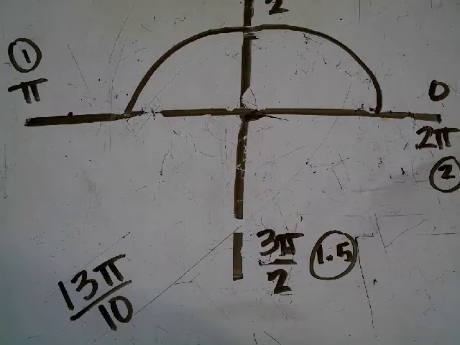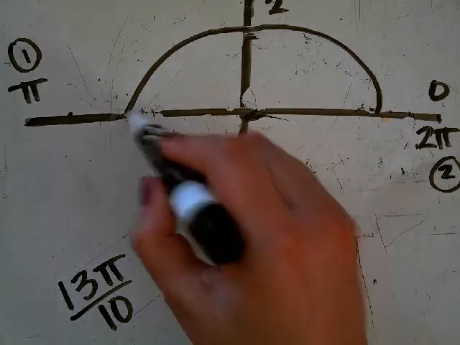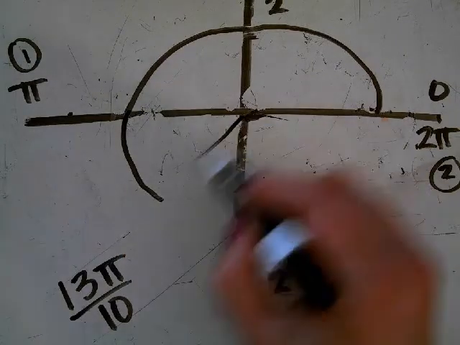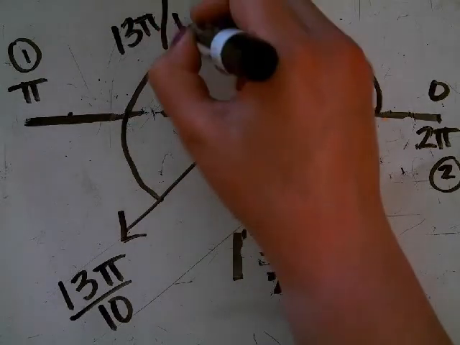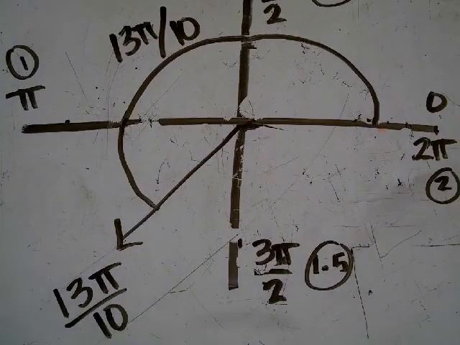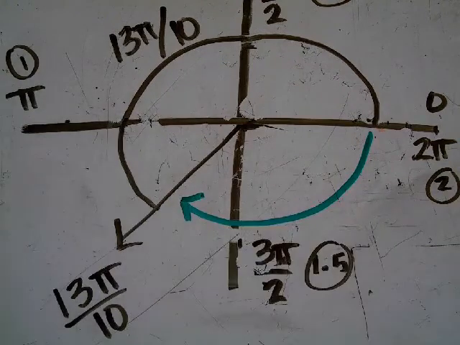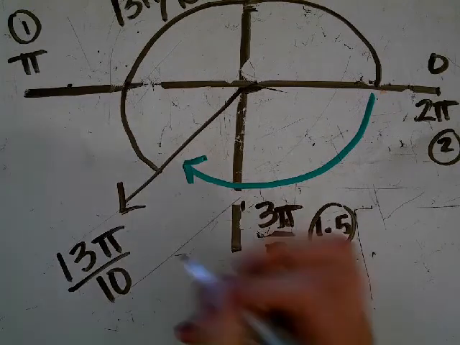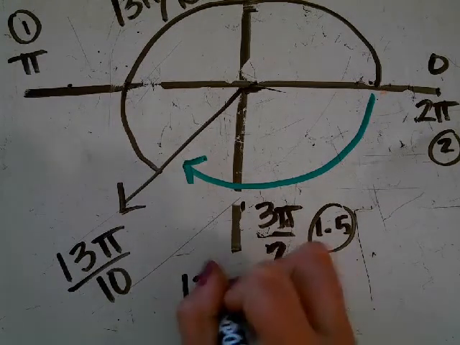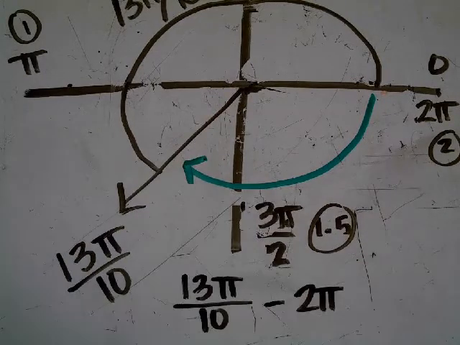All right, so here's 13 pi tenths. Okay. And then how are we going to find a coterminal angle? We can do 13 pi tenths minus a full circle. And how do I minus a full circle? I'm going to do 13 tenths minus 20 tenths.